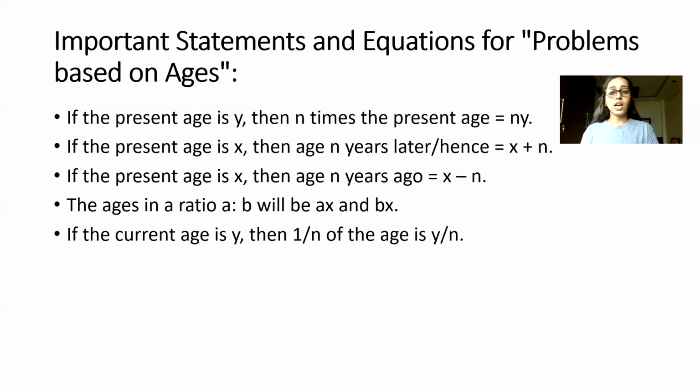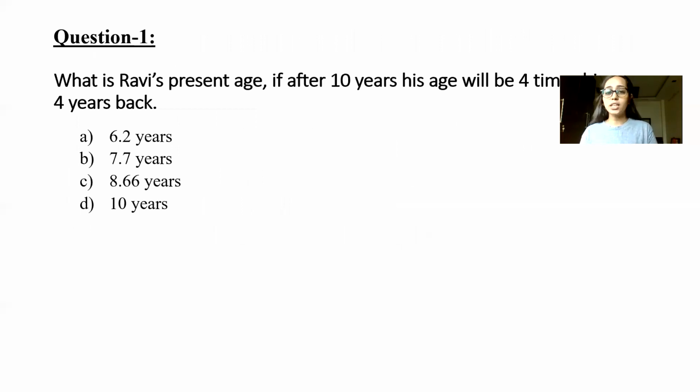Next, if the current age is y, then 1 by n of that age is y by n, where n is the number of years as in the above statement. So 1 by 5 of the age is y by 5. We'll jump quickly to the questions, and you will get a better understanding once we do that.